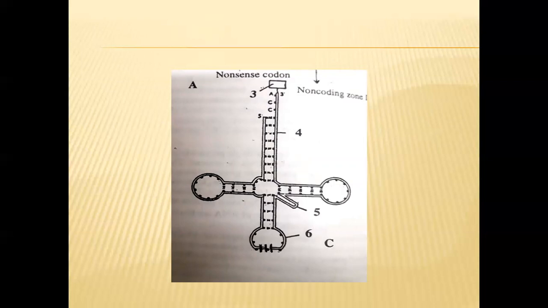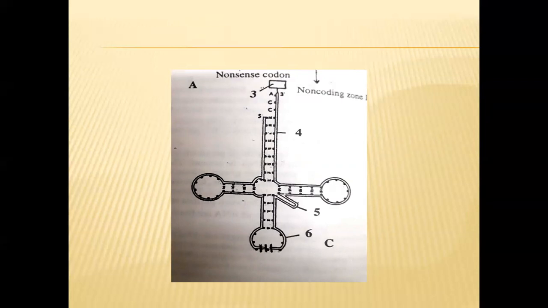So this structure, the clover leaf model, was proposed by scientist Holley. According to it, the tRNA consists of 3 main loops, 1 accessory loop and 1 tail.